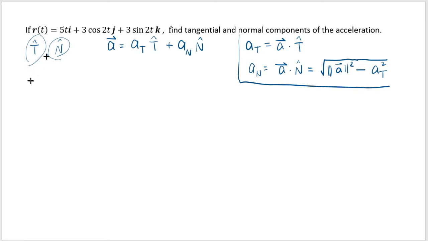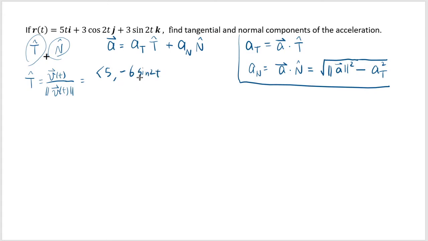Now let's try to find T. T is the normalization of the velocity vector, which is in turn the derivative. So if you differentiate this, 5t differentiates to 5, 3 cosine 2t differentiates to negative 6 sine 2t.